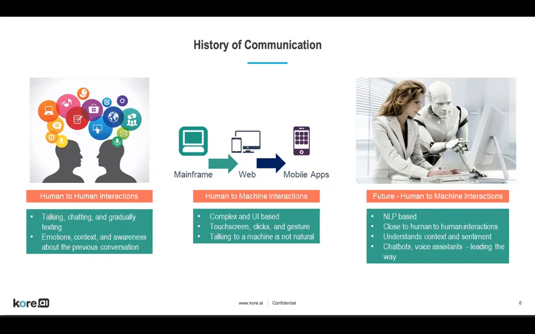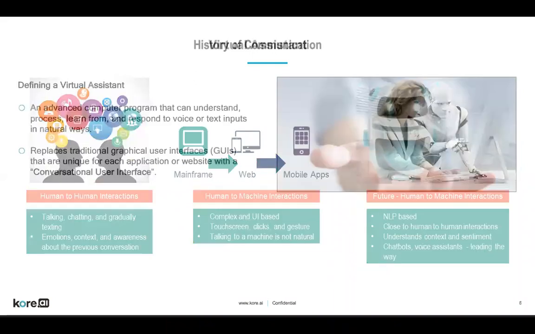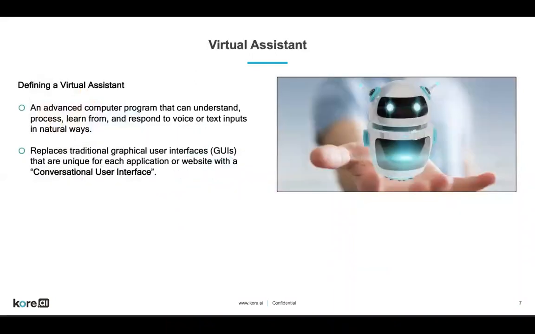So to bridge this gap between human communication and the way we communicate with computer applications, we have virtual assistants or chatbots. And the main feature of virtual assistants is that they can understand and respond to inputs or interactions in the natural language.